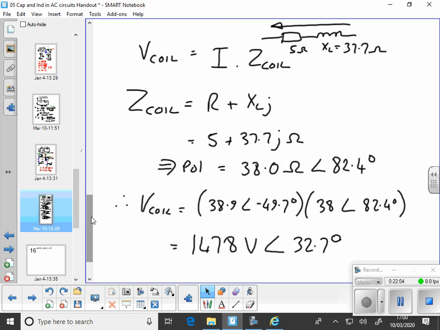But if you added them together, including the angles, in rectangular form, you'd find that they do add up to 300 volts. Because remember, the angles of those two are a long way from each other. The phasor diagram shows VC and V coil are a long way apart. Okay? Yep.